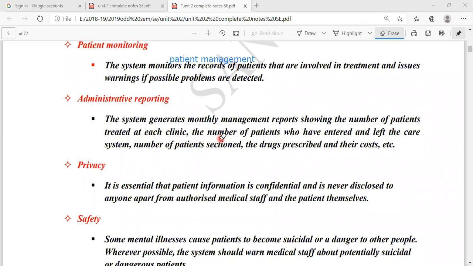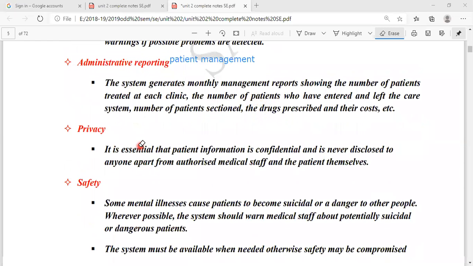Number of patients sectioned in different wards. What are the drugs prescribed and their cost? Everything about how they are going to run a hospital and maintain its costs, like nurses, drugs, light bills, ambulance bills, or how many patients were discharged, all of that comes under administrative reporting.